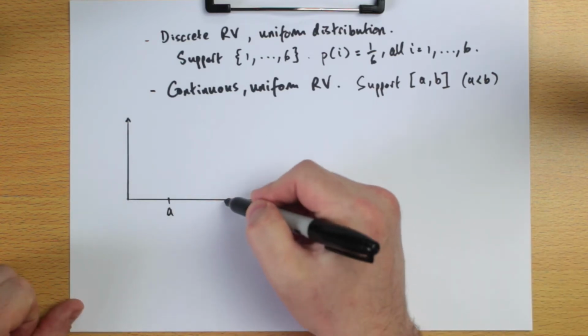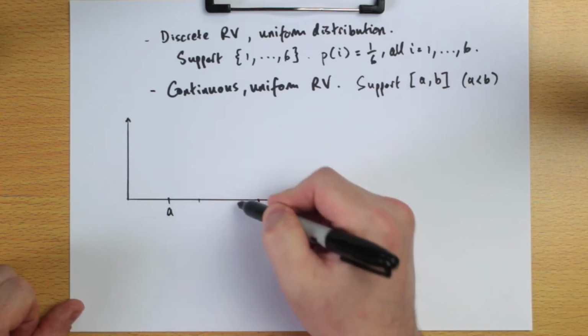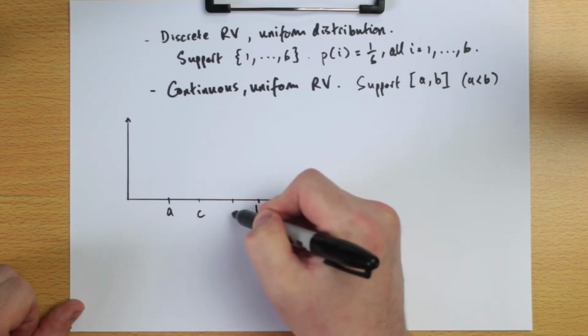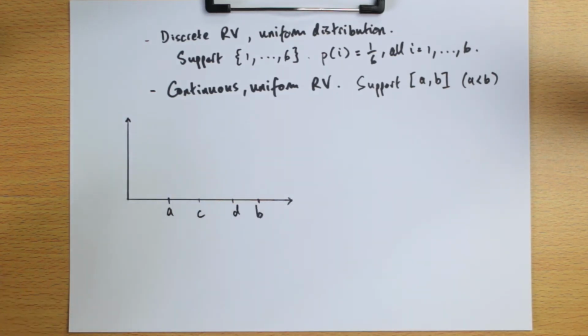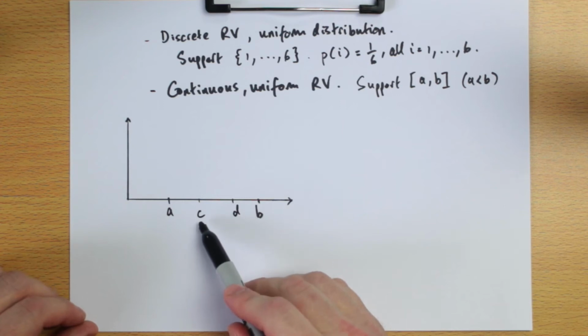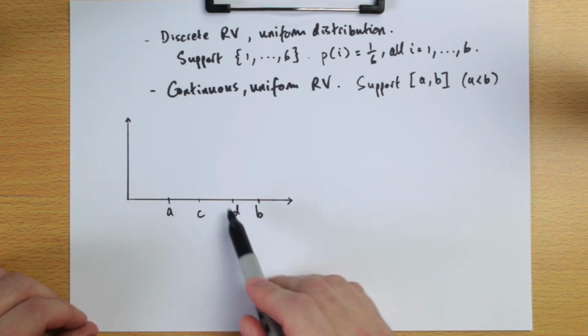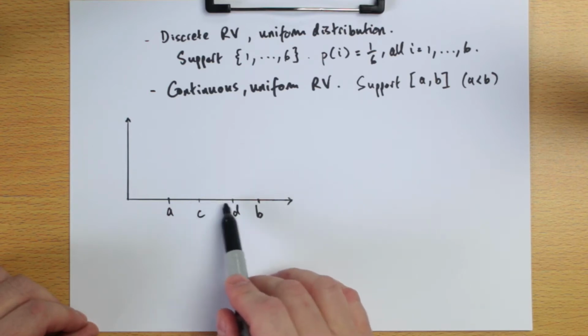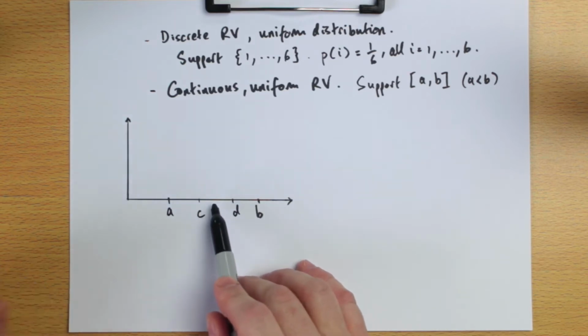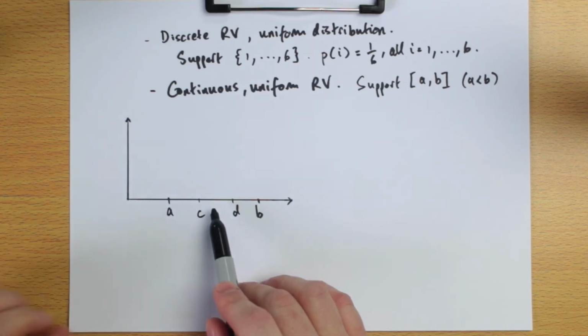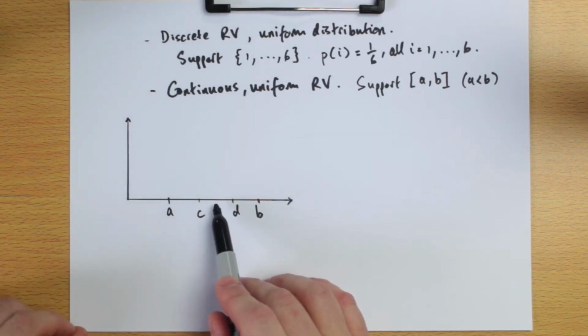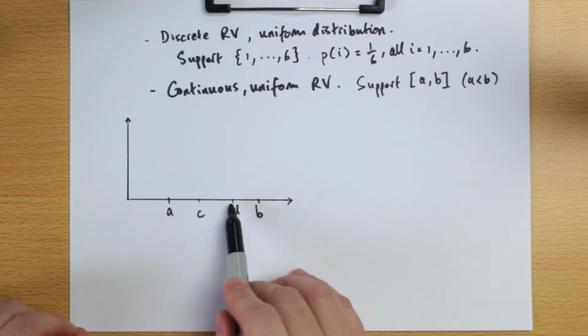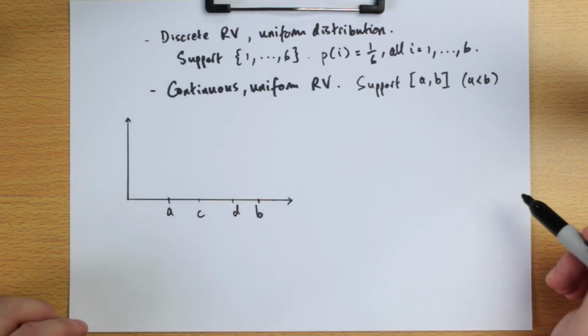So I might talk about the probability that it lies between two points c and d, rather than saying what's the probability of c, what's the probability of d. I'd say what's the probability that this random variable lies in this interval, c to d. A point has 0 length, which is why the probability of a specific point has to be 0. But I could talk about the probability of a certain interval. So that's how we work with this.